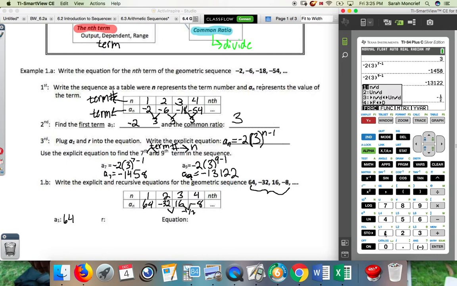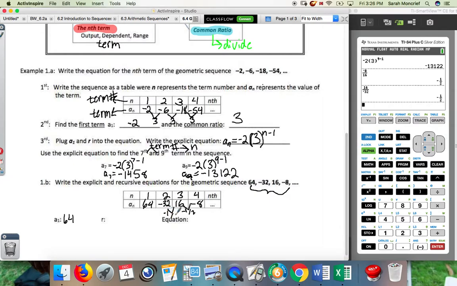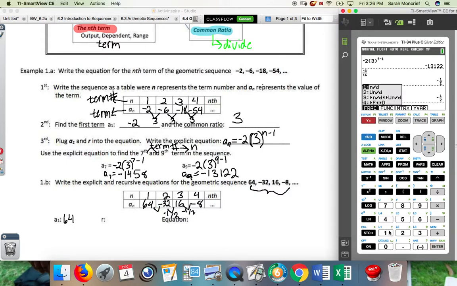Not -16, just 16 over -32. And what do I get? Again, -1 over 2. And lastly, let's do -32 over 64. -32 divided by 64. Why did I do that?